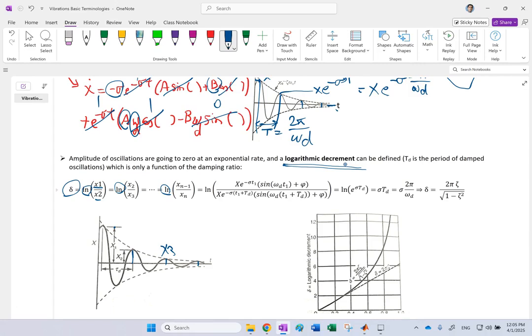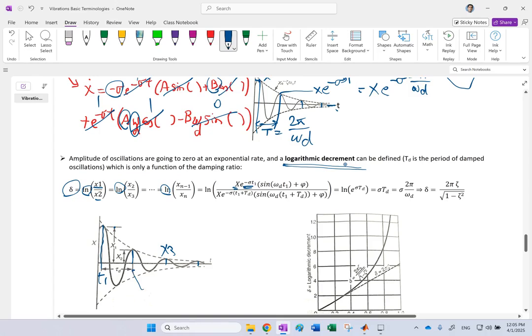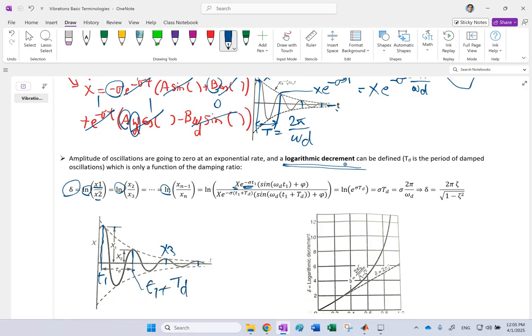Well, at any arbitrary time t1, which corresponds to one of these peaks, you find the amplitude. So x1 is initial x times e to the negative sigma t1 times the sine function, because it's at time t1, and then you do it at the next peak, which is t1 plus td, and td is the period of the signal.